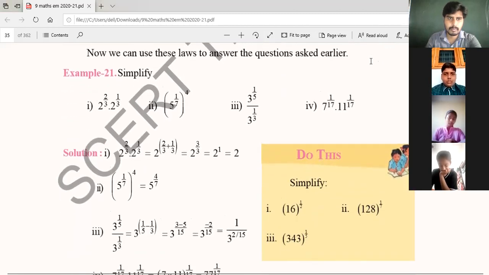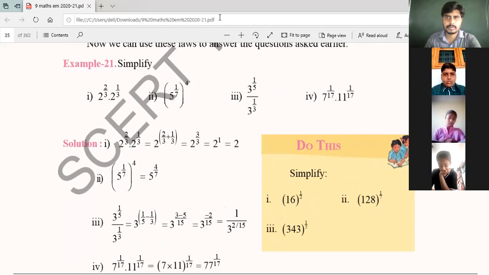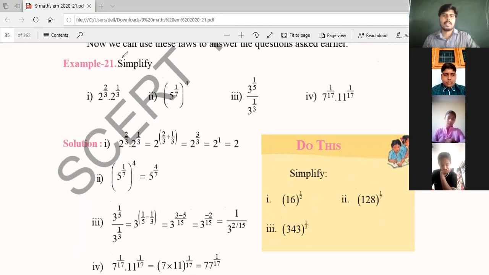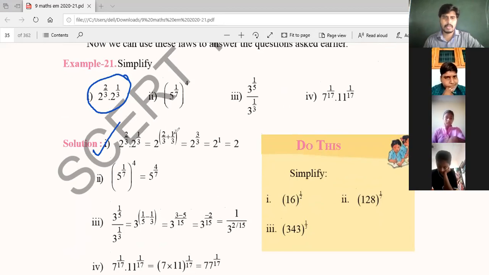Look here, example 21. Simplify 2 power 3 by 2 and 2 power 1 by 3. The solution is already given in the example. 2 power 3 by 2 into 2 power 1 by 3 gives us 2 power 3 by 2 plus 1 by 3. Which formula have we used here? a power m into a power n is equal to a power m plus n.